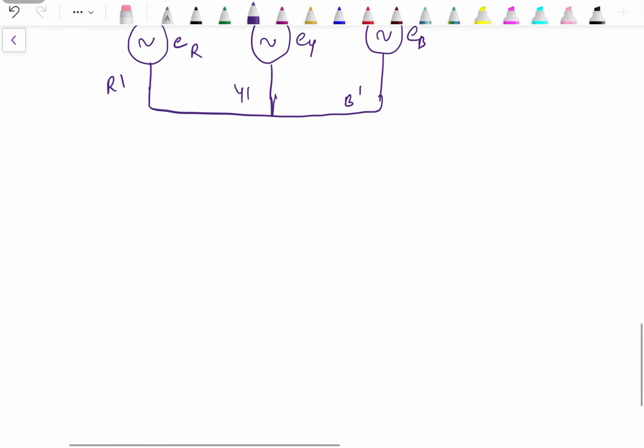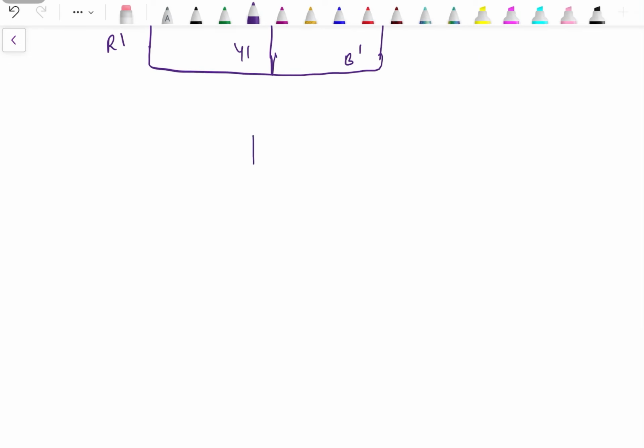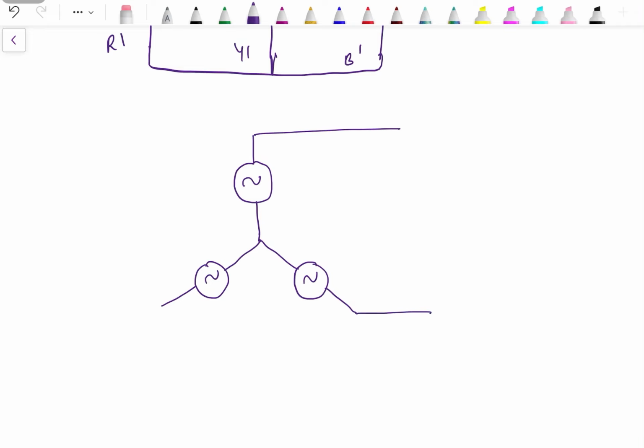Now if we just redraw this, it looks like star. ER, EY, sorry, EB.